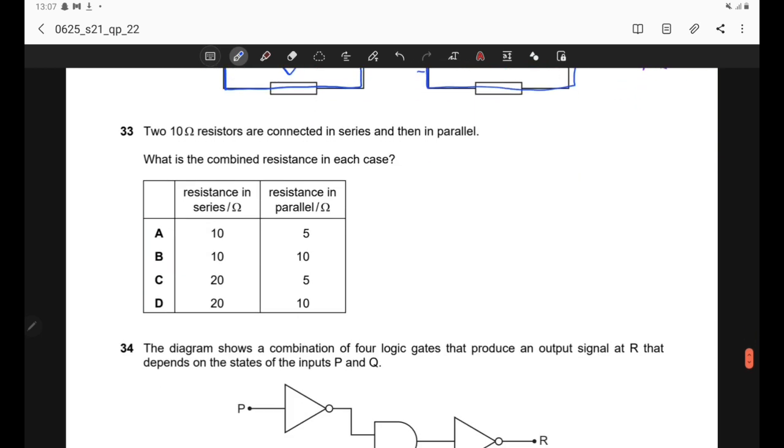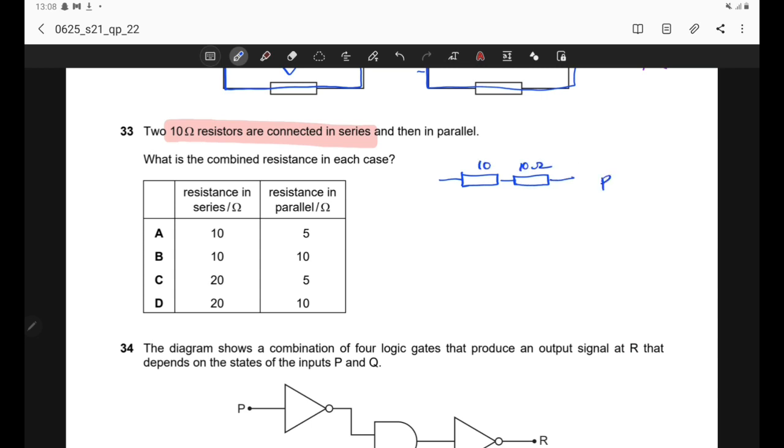Question 33. Two 10 ohm resistors are connected in series and then in parallel. What is the combined resistance in each case? We can take the first case, where two 10 ohm resistors are connected in series.